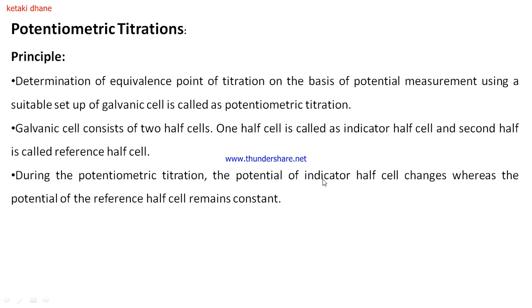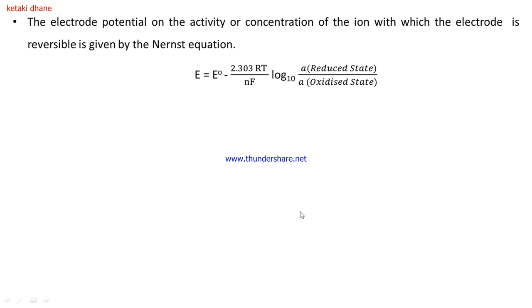So during this titration, the potential of the indicator half cell changes, whereas the potential of the reference half cell remains constant. Now, to measure the potential difference between these two electrodes, we use the Nernst equation.